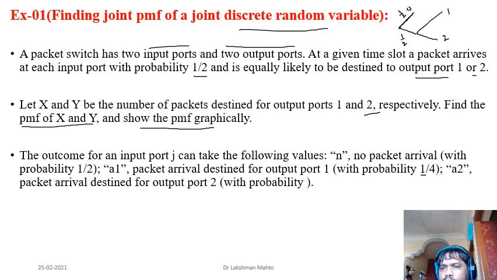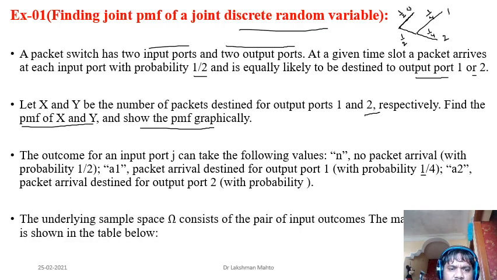The arrived packet may either go to port 1 or go to port 2. It will go to port 1 with probability 1 by 4, and it will go to port 2 with probability 1 by 4. Equally likely is already mentioned. Everything is already mentioned here.